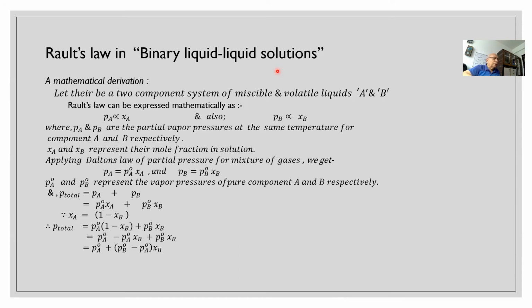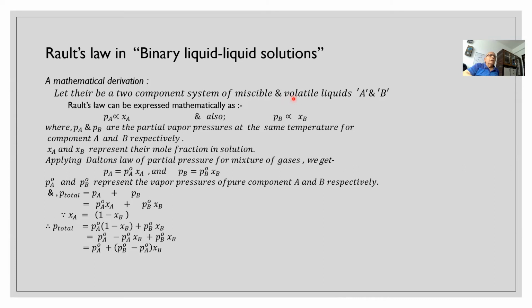The vapor pressure of a liquid is not the same as it was in the pure state of that liquid. So let us derive it mathematically. We can write Raoult's law because there is a direct relation. We can represent Raoult's law for two components A and B.